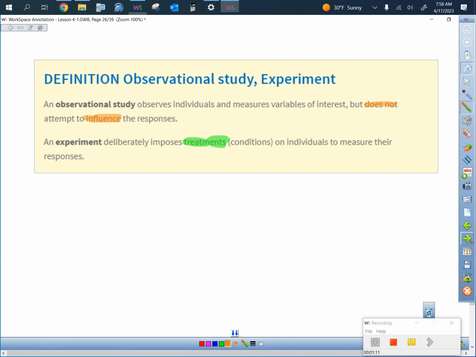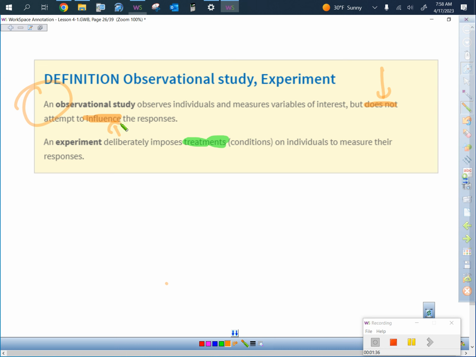So let's go to the vocab on the very front page of 4.1. On an observational study, there's a couple of blanks in there. We can fill these in on the vocab. An observational study measures the variables of interest but does not attempt to influence the responses. So I'm on the front side of the 4.1 worksheet, and we're up in the vocab boxes at the very top on observational study, 2 blanks.